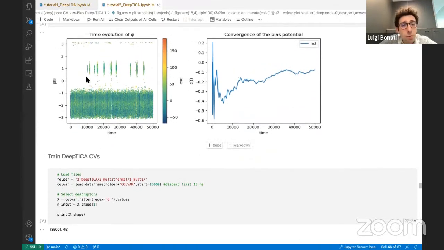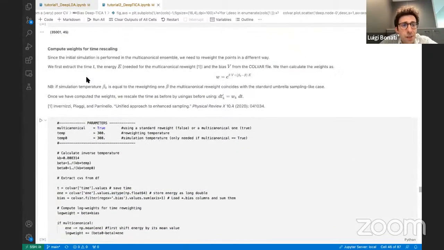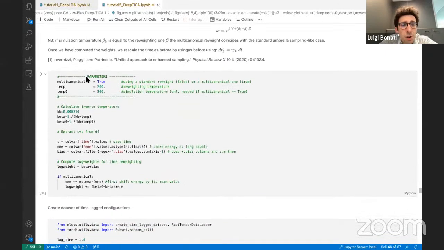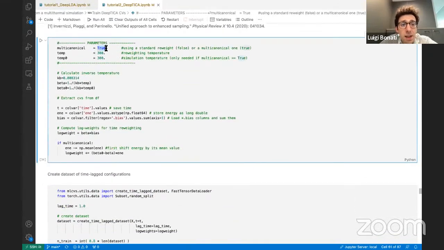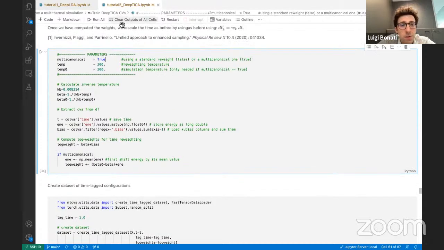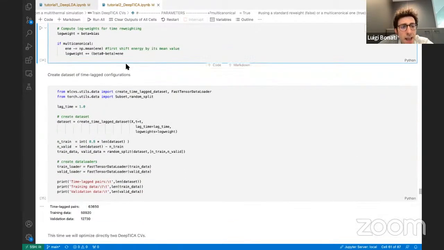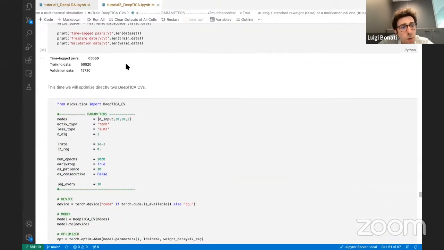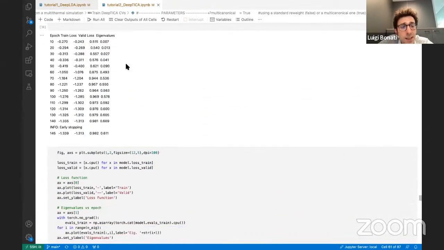As before, we take this data and compute the weights, which are the weights needed to reweight a multi-canonical simulation, as described in the OPES paper, also reported here. And as before, we created the time lag dataset.